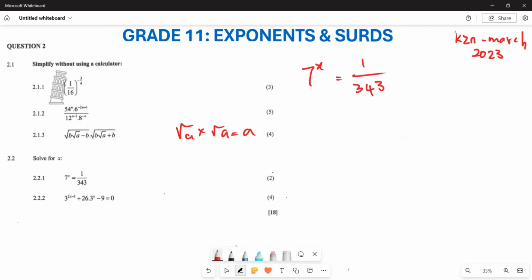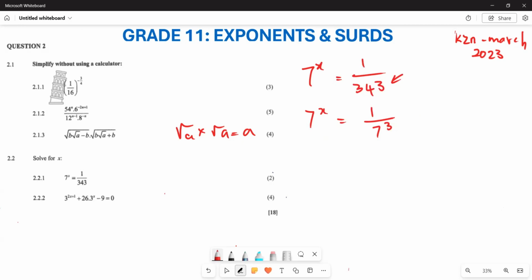Now, what is it that you can do here firstly? You can start by writing 7 to the power of x is equal to 1 over 343. Now, you're going to express this, right? You use the factor method to find out what the factors of 343 are. Now, this is the same as 7 cubed. Remember 7 cubed, when you multiply 7 by 7 by 7, you're going to have 343, right?